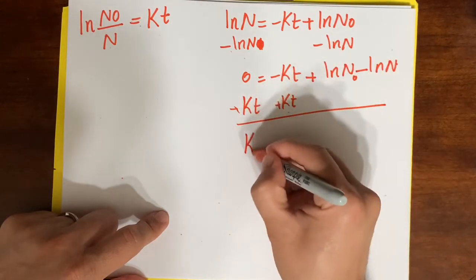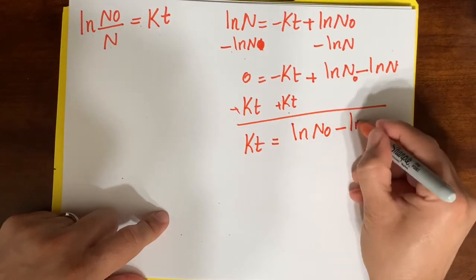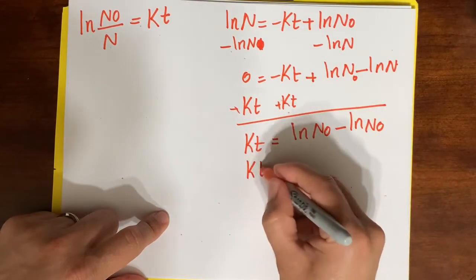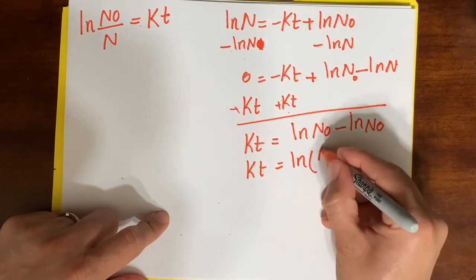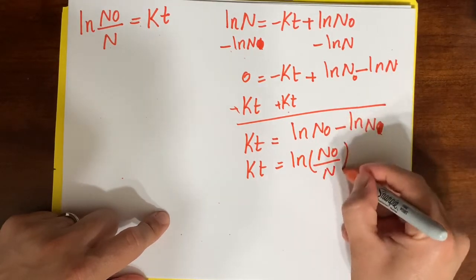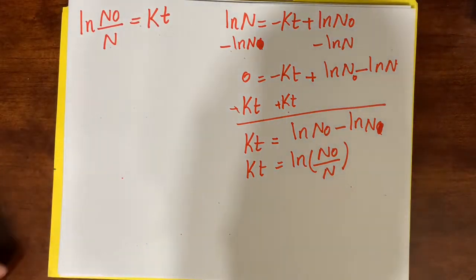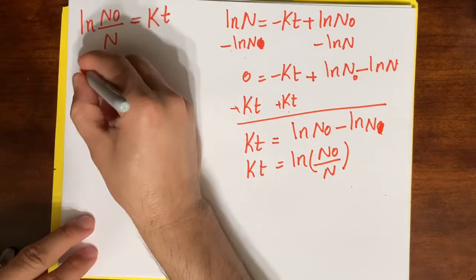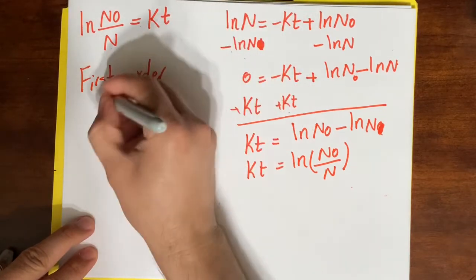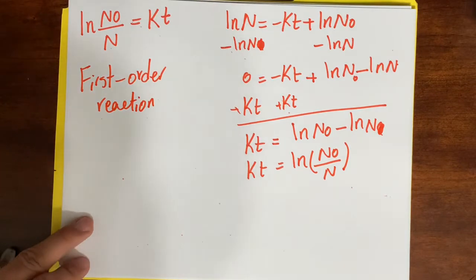You will get kt equal to ln of N0 minus ln of N. And kt is going to be equal to ln of N0 divided by N, so my bad, this is N. Okay, which is the same formula that I got there. So this is the first order reaction, and here's the formula for it.